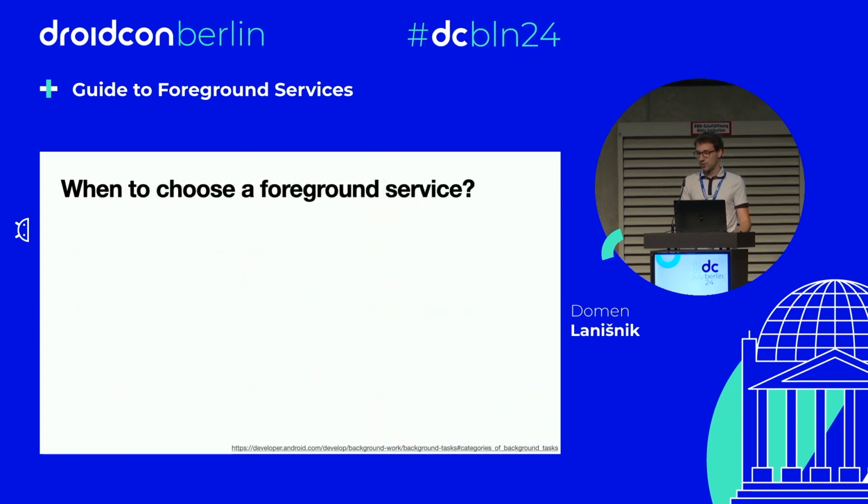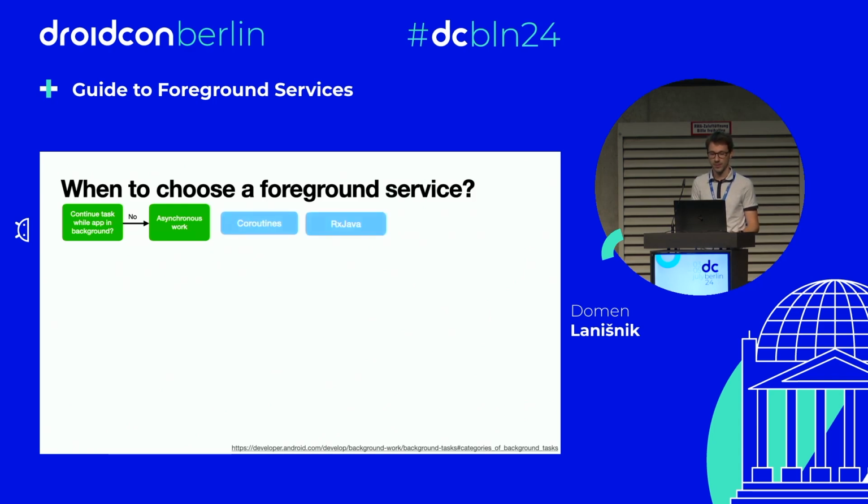So when should you choose a foreground service? The answer is actually a bit more complicated, because first you have to ask yourself whether the task should continue while the app is in the background. If the answer is no, then you're okay just using asynchronous work like coroutines or RxJava, because it doesn't matter if the work gets canceled.